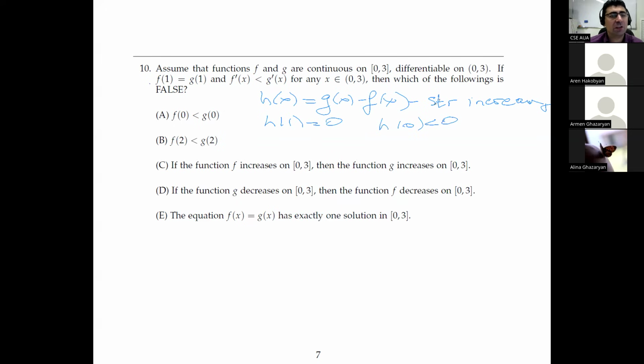So we can say before 1 it is negative, and after 1 it is positive. So h(x) is positive if x is greater than 1, and h(x) is negative if x is smaller than 1. This is just a consequence of being an increasing function.